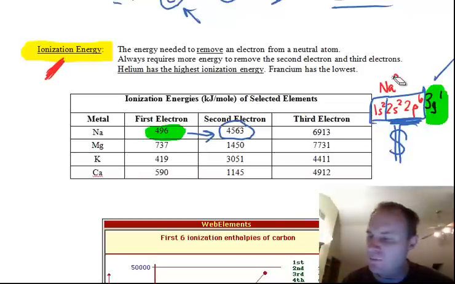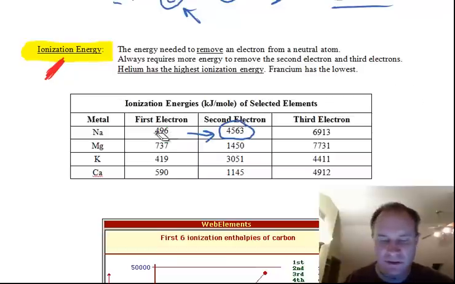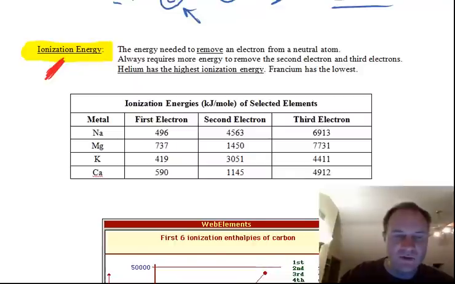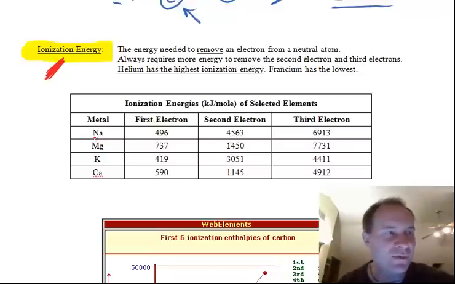And as I erase that clutter, if you can do the electron configuration, and again, I'm just going to look at my periodic table, and I would encourage you to look at it as well. I see that magnesium is right next door to sodium.